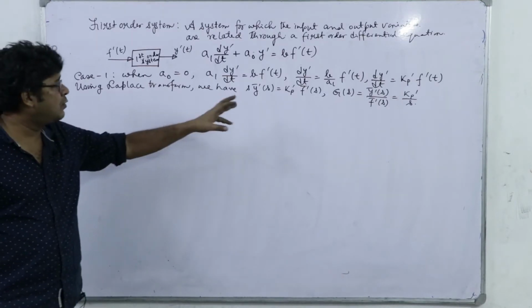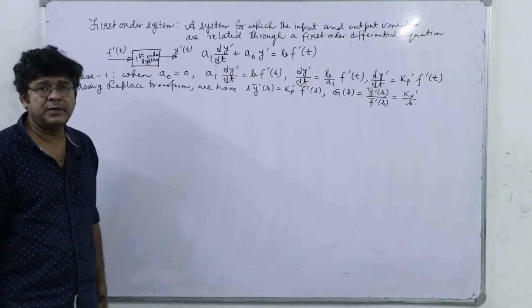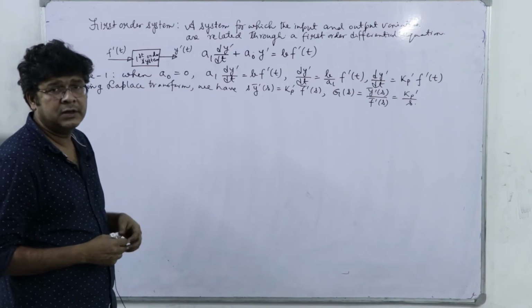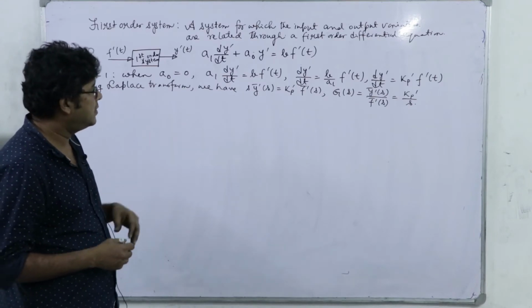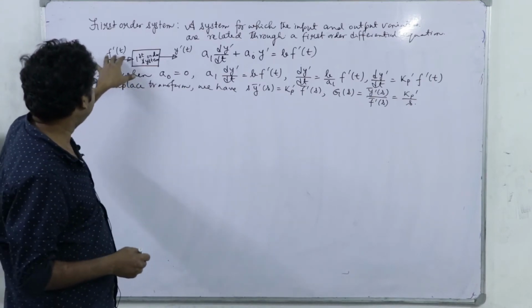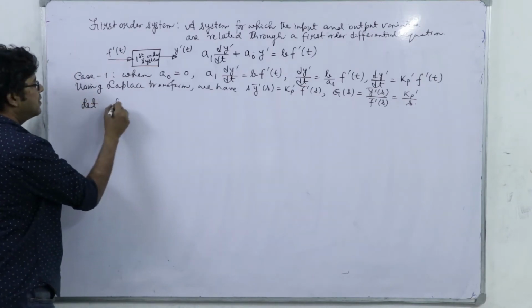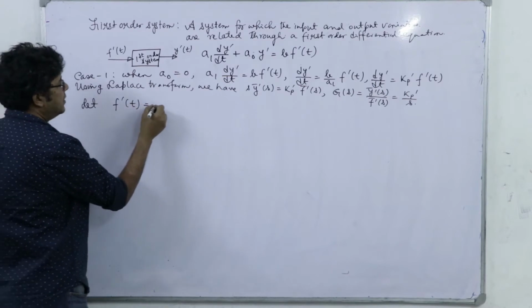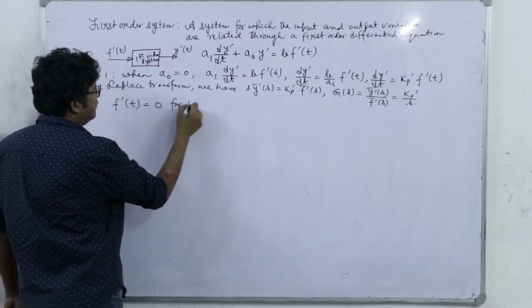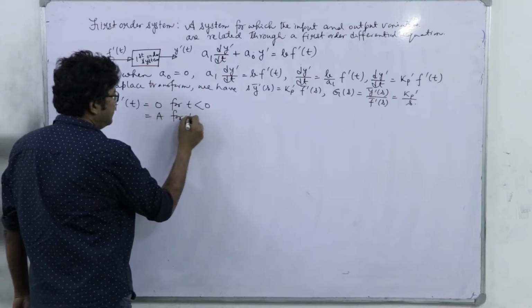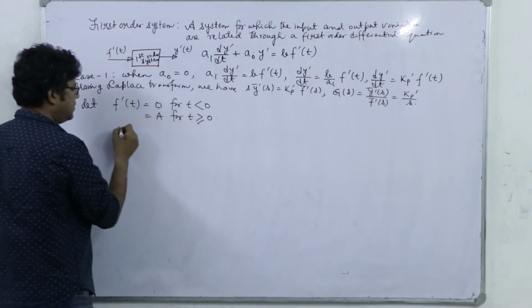So let us see how this type of first order system will behave when it is given a step input of its variable f prime t. So let f prime t equal to 0 for t less than 0, equal to a for t greater than or equal to 0.